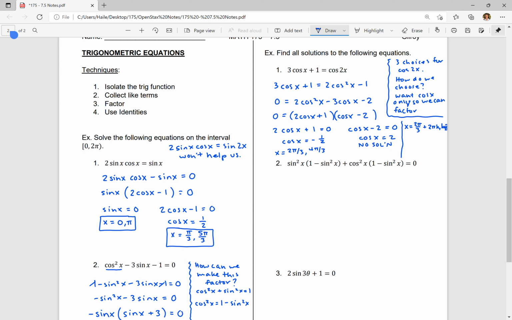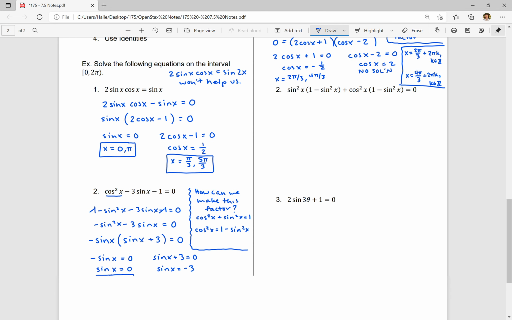That's kind of squished. Sorry about that. Let's see if I can squeeze it in there. We'll write it here. And then my second one, I'm going to get x is equal to 4 pi over 3 plus 2 pi k, where k is an integer. All right, so those are my two general solutions for this equation.